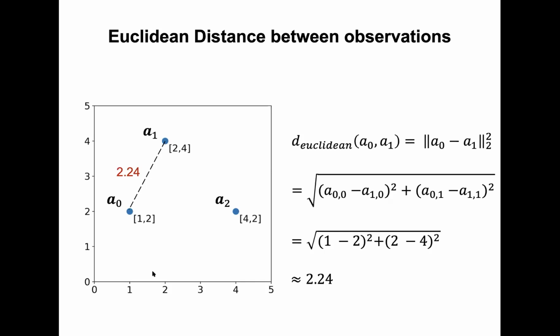A sub 0 is at 1, 2, A sub 1 is at 2, 4, and you can use your favorite type of distance that you learned in 4th or 5th grade, Euclidean distance, to see how far they are. What does distance actually mean here? If the distance is high, the measurements are pretty dissimilar. If the distance is low, the measurements are similar. So the distance is a proxy for dissimilarity between these data points.